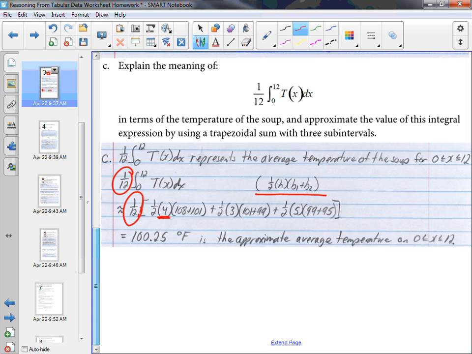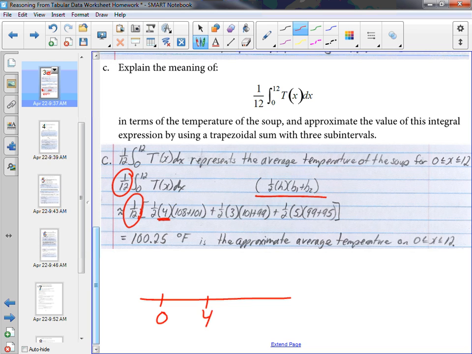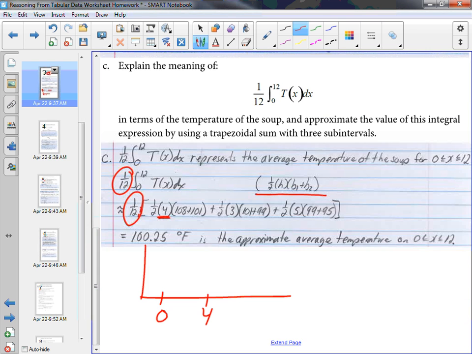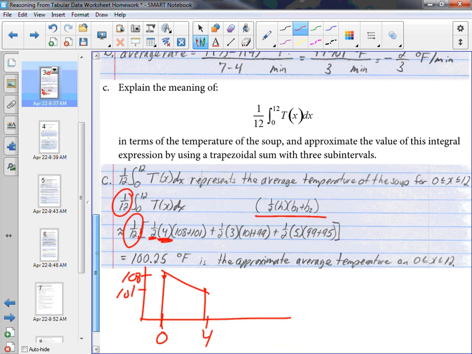If I graphed this, 0, 4, 108, 101, obviously not to scale, that's our trapezoid. So 108 is one of the bases, 101 is the other base. So 1/2 times the height of 4, because the subinterval is 4, times the sum of the bases. Then the next one.